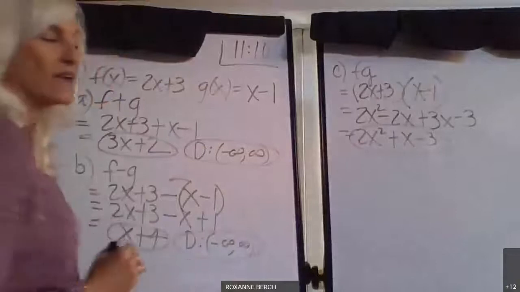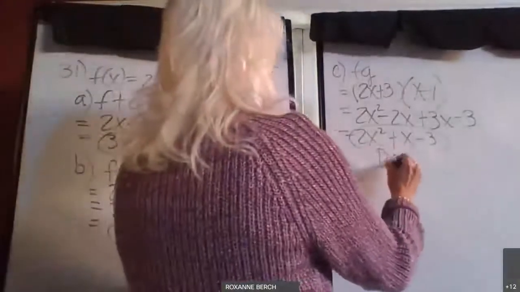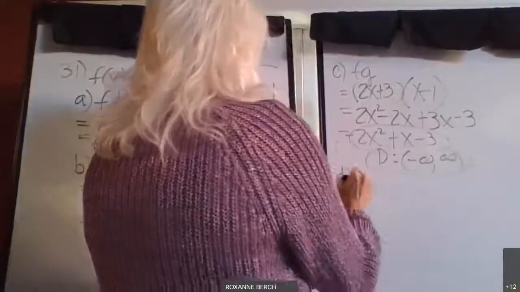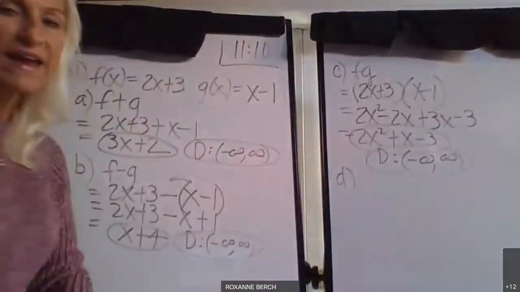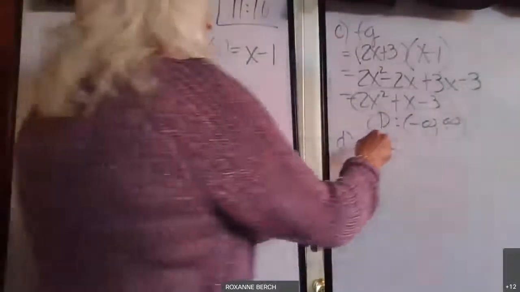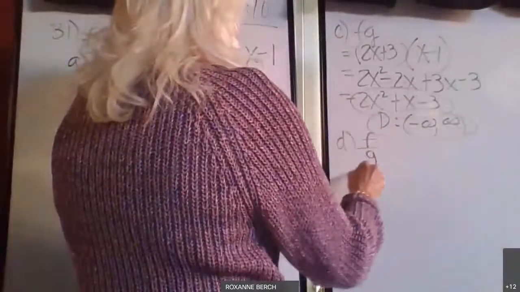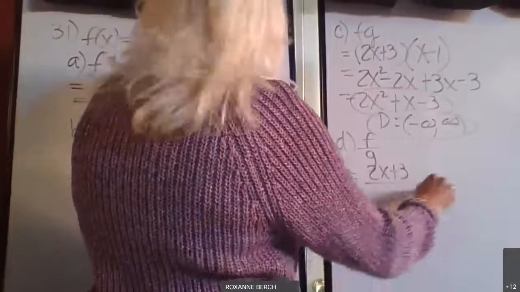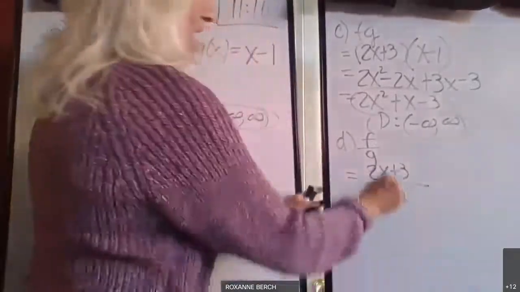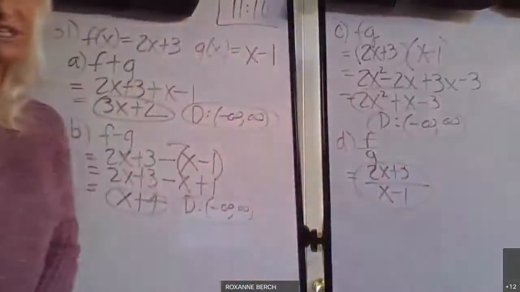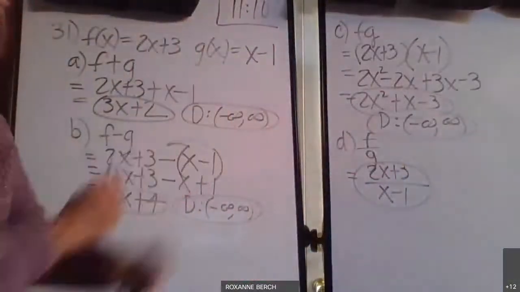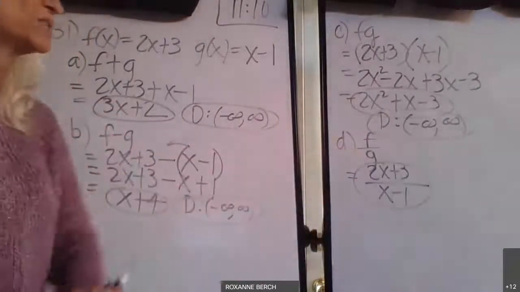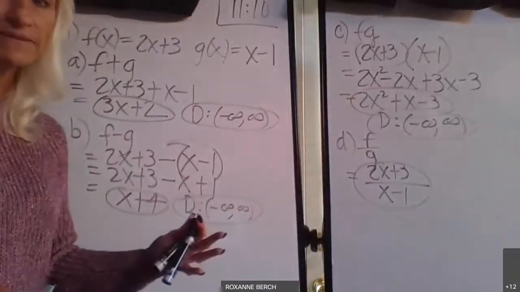That's a quadratic. So what's the domain? All real numbers. So then finally, you have f divided by g, which would be 2x plus 3 divided by x minus 1, and there is nothing left to do. That is the answer, because you can't factor to simplify, you can't cancel parts of a sum, you're done.